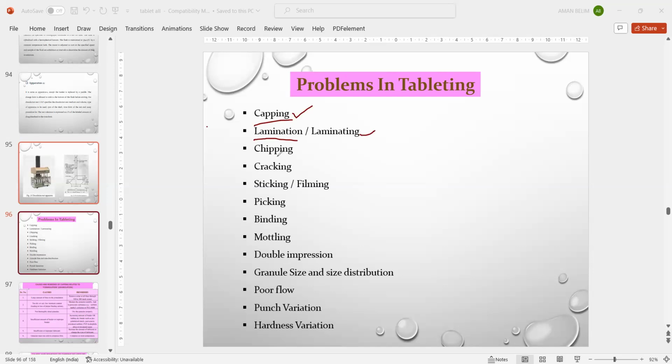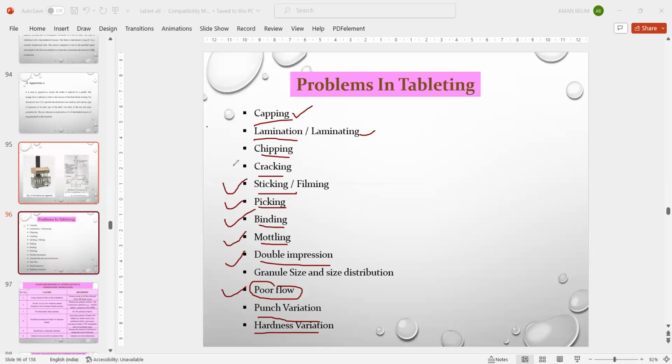Then chipping, cracking, sticking, picking. Remember all this. Then binding, mottling, double impression. Then poor flow, granule size and size distribution are covered under poor flow, then punch variation and hardness variation. These are very important ones, which I have ticked down.